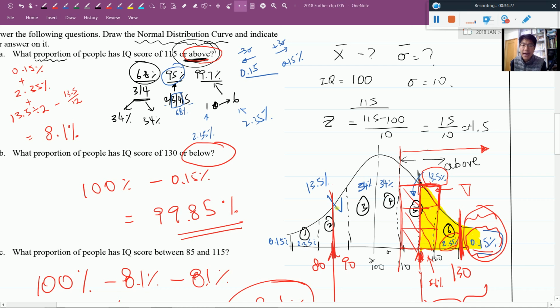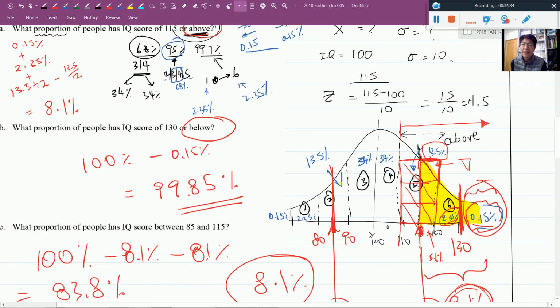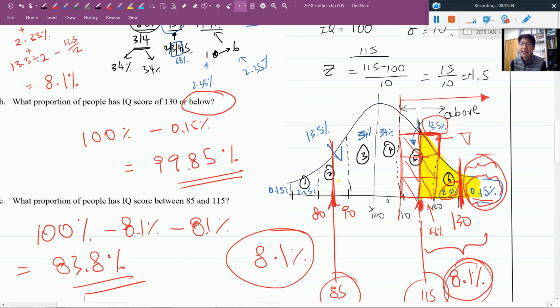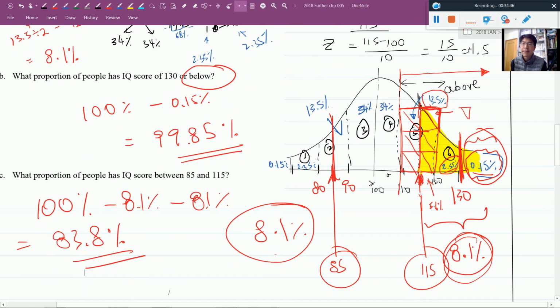They're normally asking you for the perfect standard deviations, not somewhere in the middle. Somewhere in the middle is much harder because the curve is going up and it's not a rectangle, so you can't really divide it by 2 for the answer. Hopefully you find it all right.